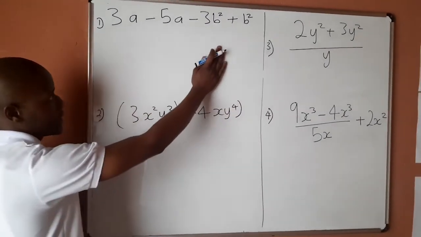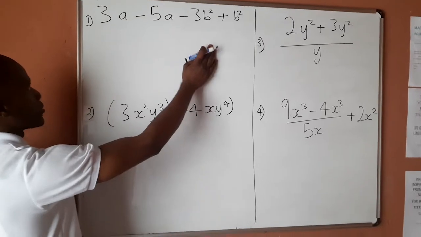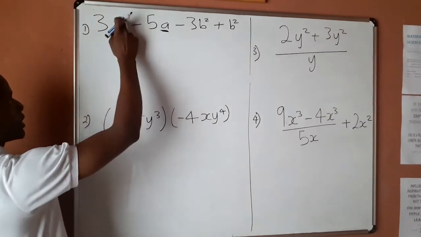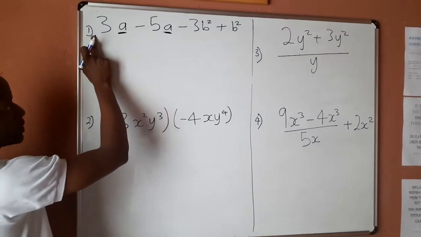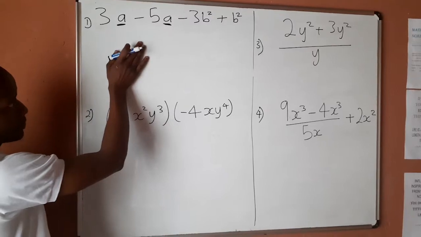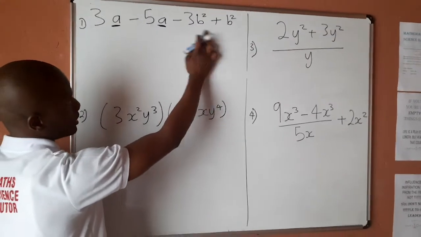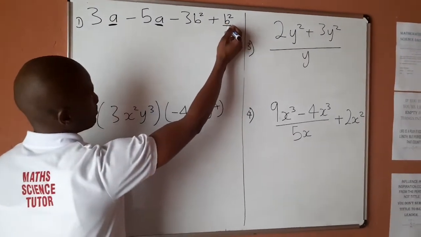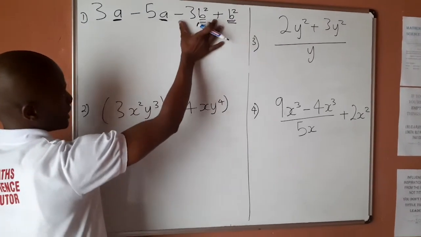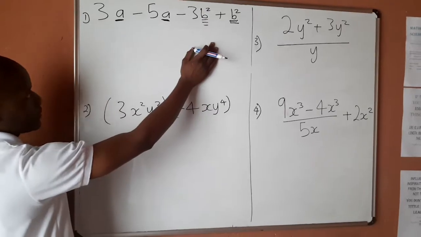So we always check like terms. 3a and 5a have the same base and same exponent, but the signs are not the same. It means we minus and take the sign of the bigger number. Minus 3b squared plus b squared, same base and exponent, but the signs are not the same, so we minus and take the sign of the bigger number.